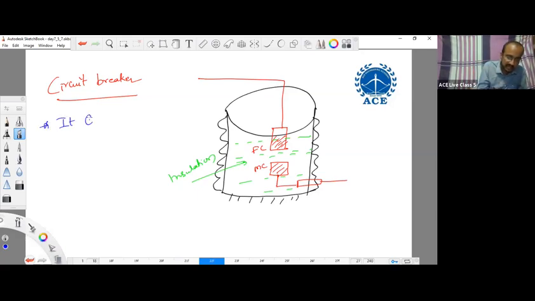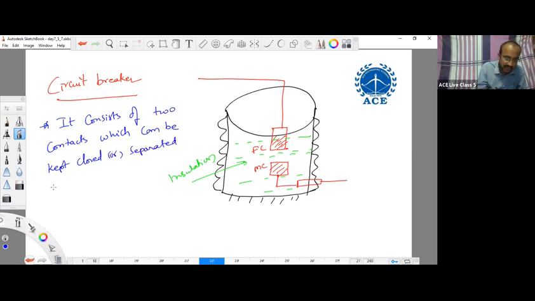So it consists of two contacts which can be either kept closed or separated in medium of insulation.